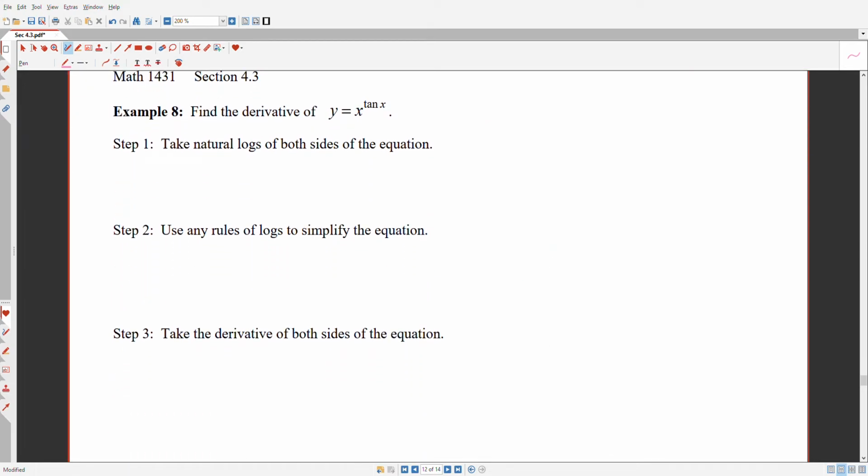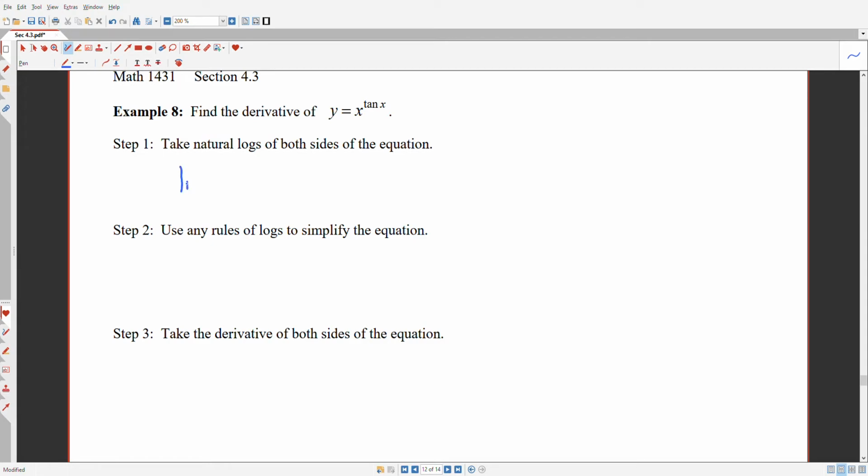Okay, so this one has our steps written out for us, which is kind of nice. It says we're going to start with the function y equals x to the tangent of x. Whenever you see a function defined as another function raised to a second function power, that's a big sign you should use logarithms. So I'm going to take the natural log of both sides.